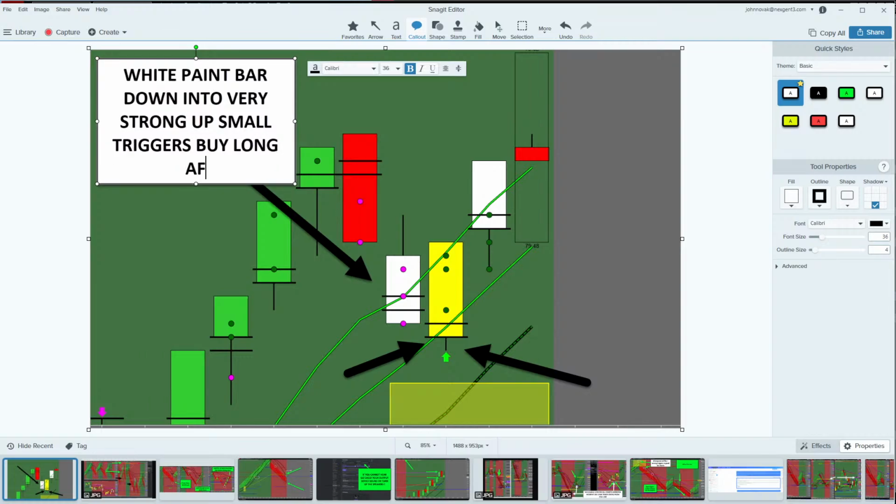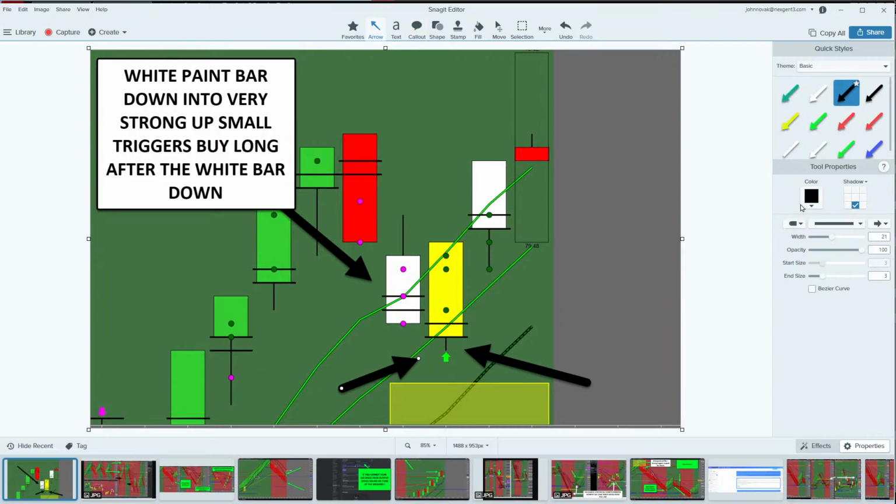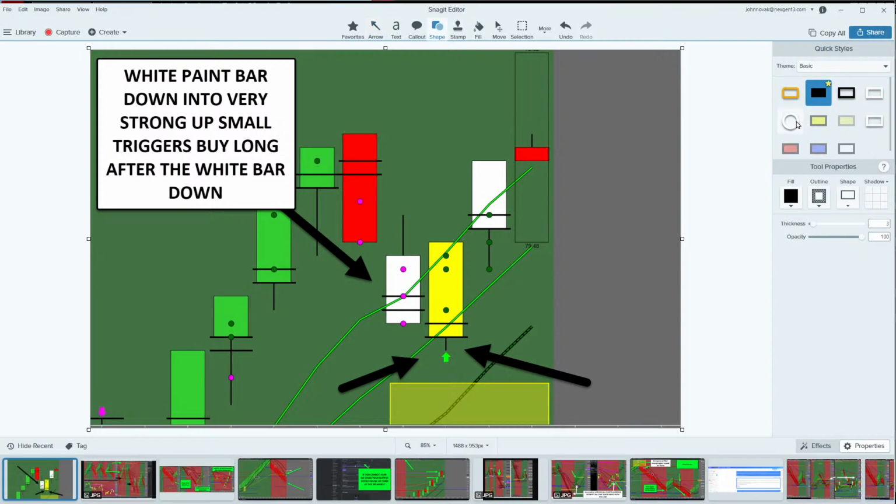Buy long after the white bar down. And again, what this is going to do for you is you're going to be going long right here. That's not a very good box. Here, let me change it to white. You see that? And then if you get a signal long, you can basically trail your stop up behind what a new bar would be.